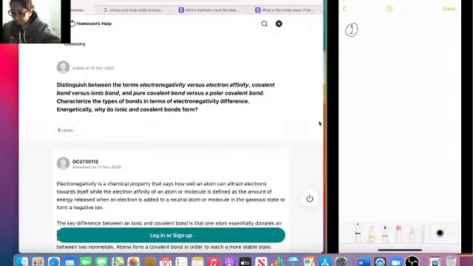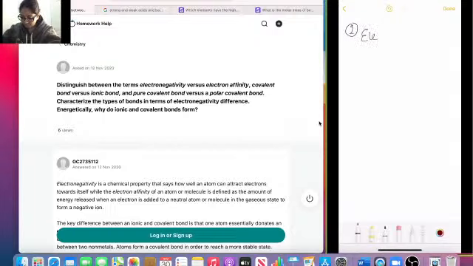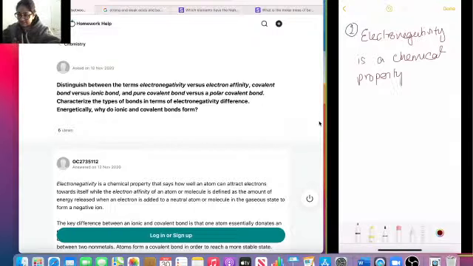And so basically electronegativity is a chemical property. This is basically stating how well an atom is able to attract the electrons to itself, right?